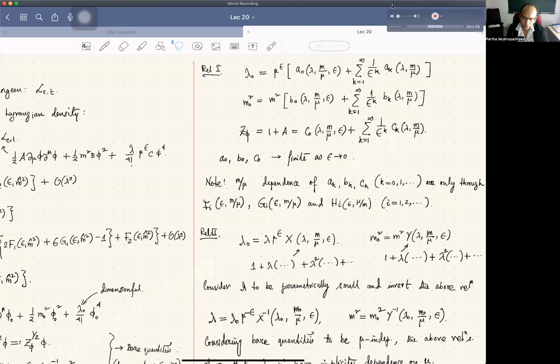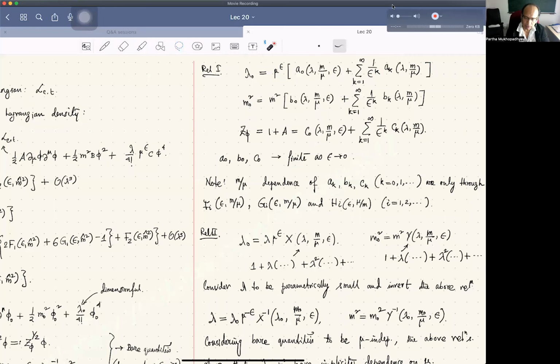One has to look into the residue of the simple pole, which is A1 for the coupling constant renormalization, and see at what order it starts receiving contribution.